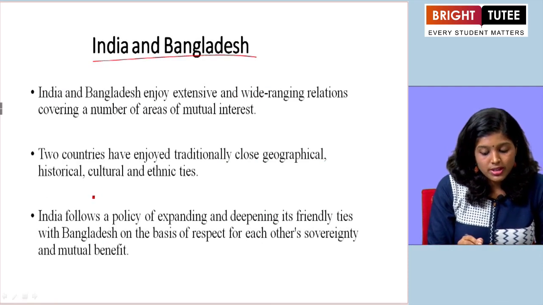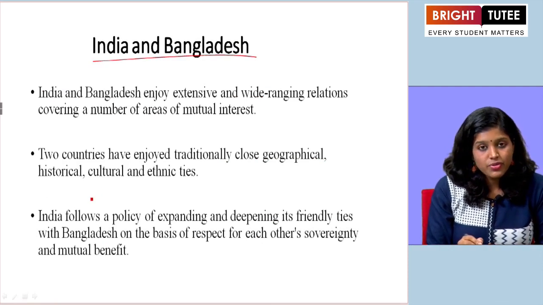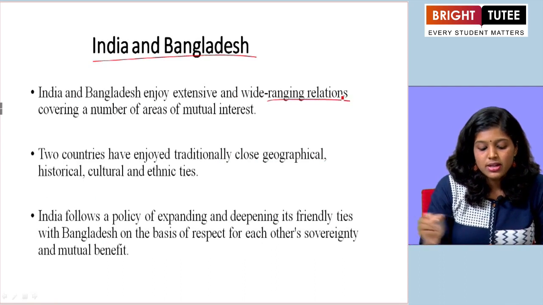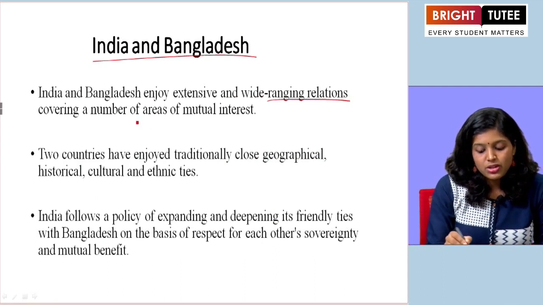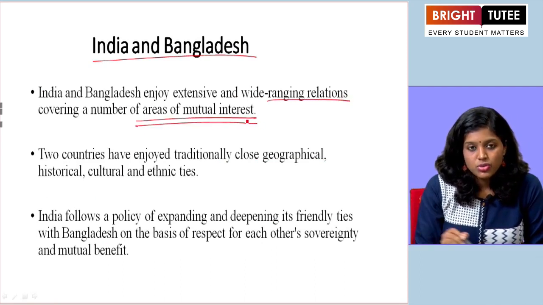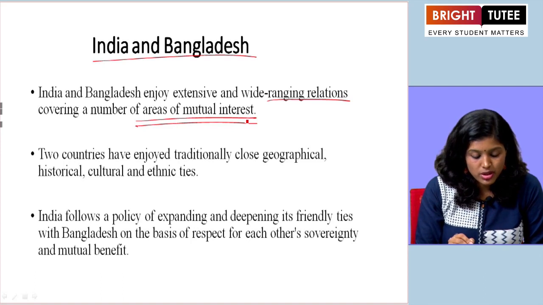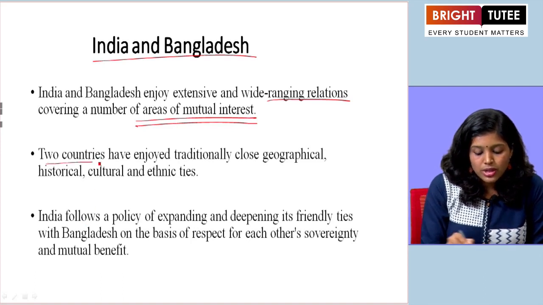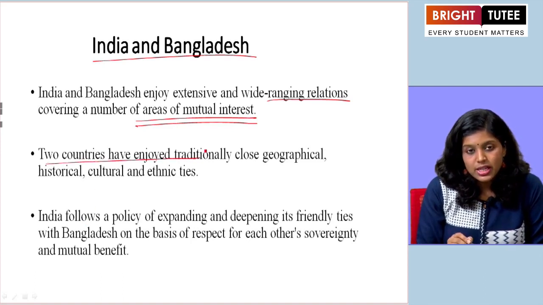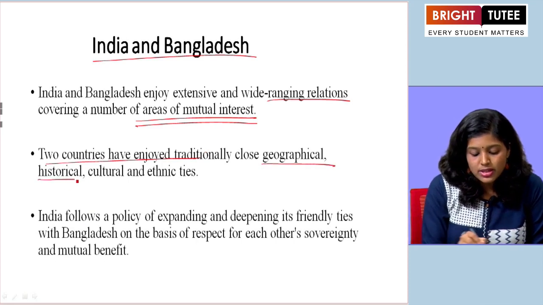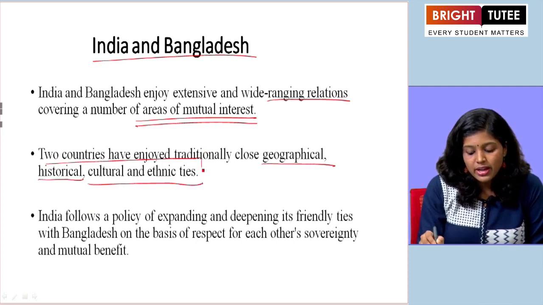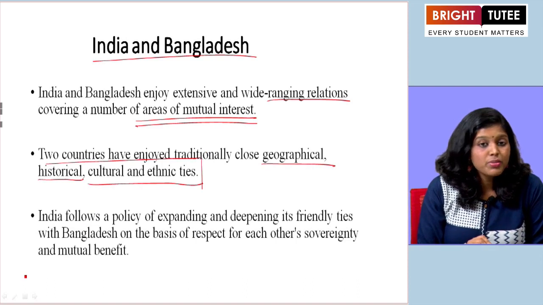India and Bangladesh enjoy extensive and wide-ranging relations covering a number of areas of mutual interest. The two countries have traditionally enjoyed close geographical, historical, cultural and ethnic ties, which makes this bond strong.